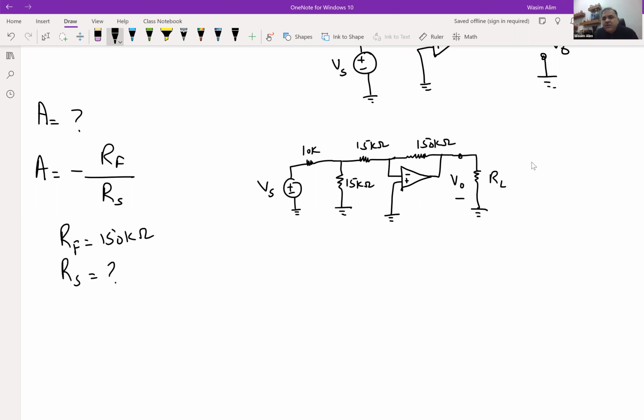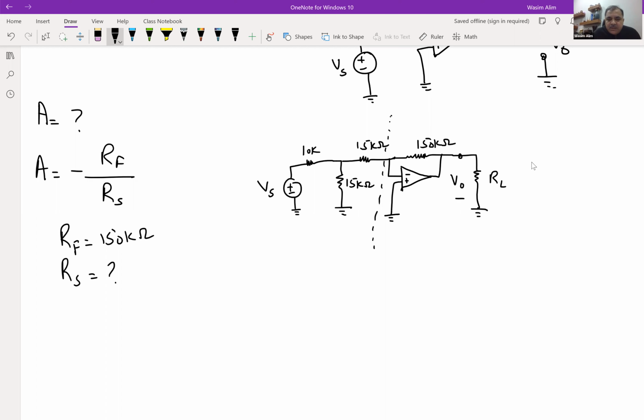So what we want to do is bring this to the Thevenin equivalent circuit, which shows a voltage source connected to a resistor in series, and that resistor is your source resistor. Once you find the value of that resistor, you should be able to find the gain. So let's isolate the source side of the circuit.